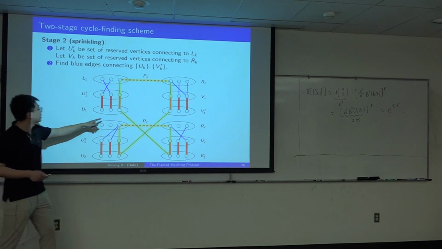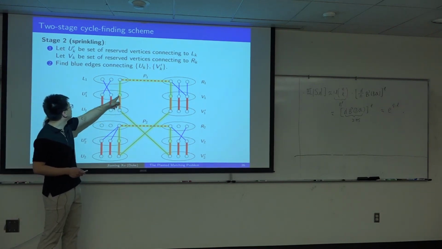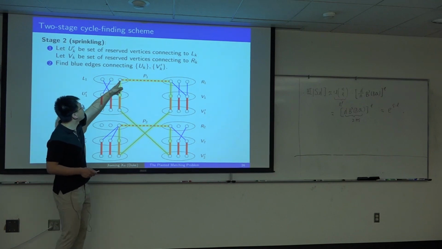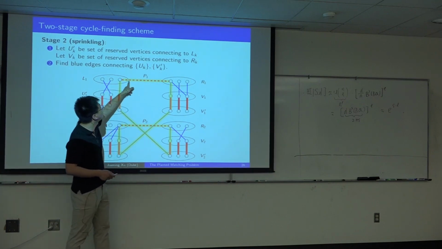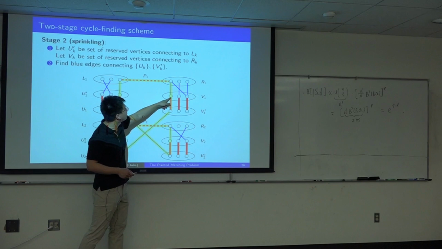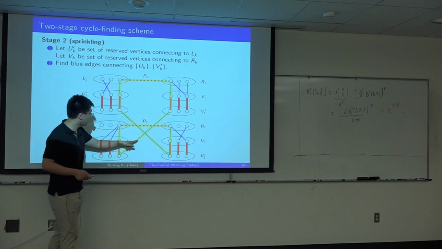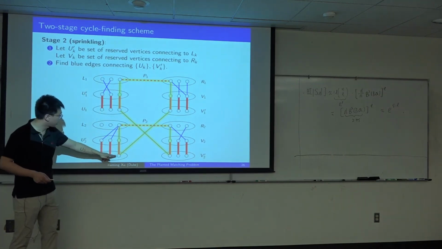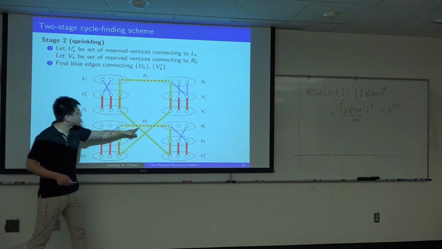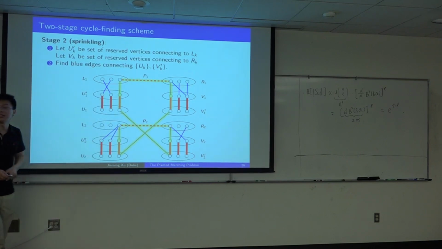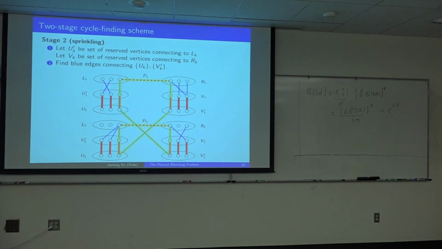For example, I can start from the node U1, go back to U1 prime, go to L1 through this long augmenting alternating path, then to V1, V1 prime, and then through this long crossing edge, continue this way, and then return back. That makes sense?